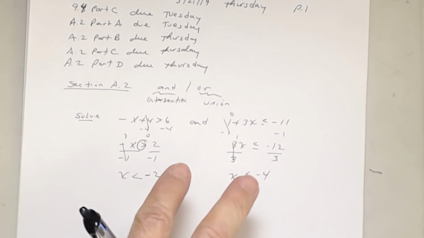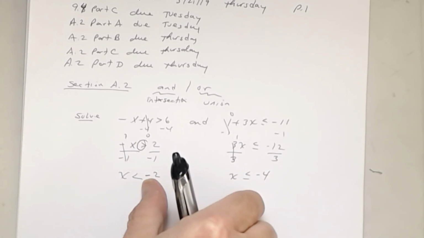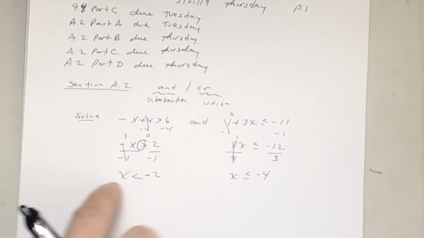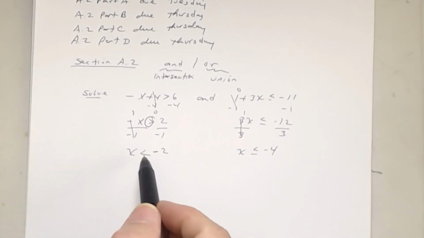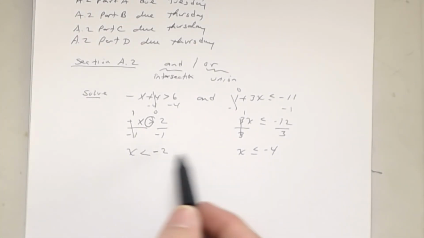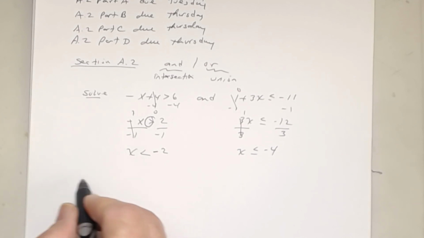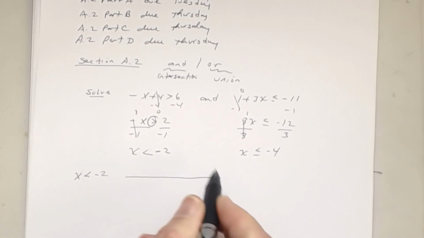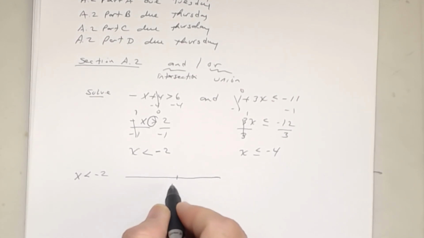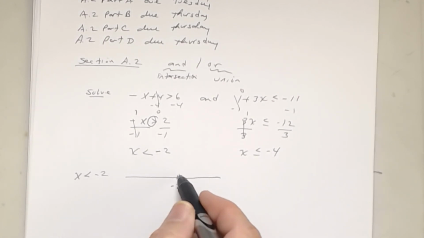But I want to find the solutions to the compound inequality. So what's the next thing you need to show? The graphs of each of those solution sets. So this one is x is less than negative 2. So let's say this is negative 2. Open or closed circle? Going which way?